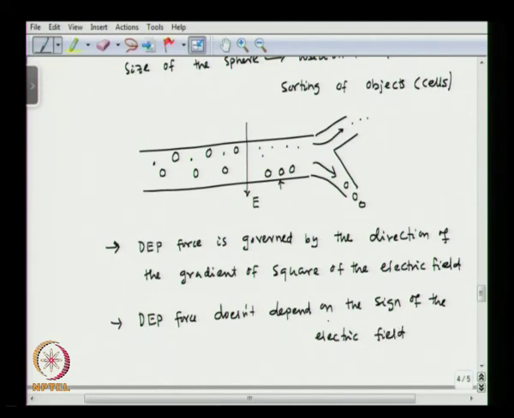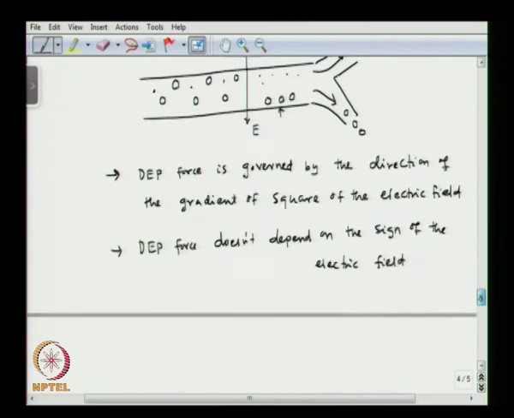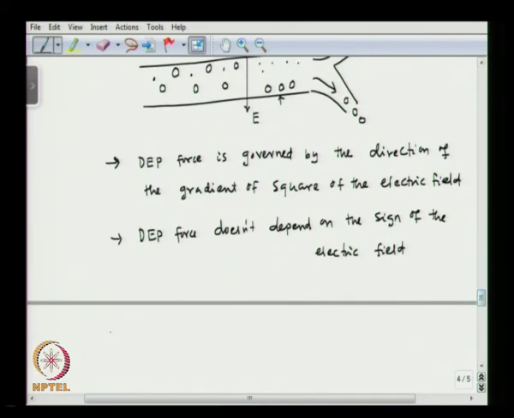So the other important observation is that the sign of the dielectrophoretic force is given by the sign of the Clausius-Mossotti factor, okay.